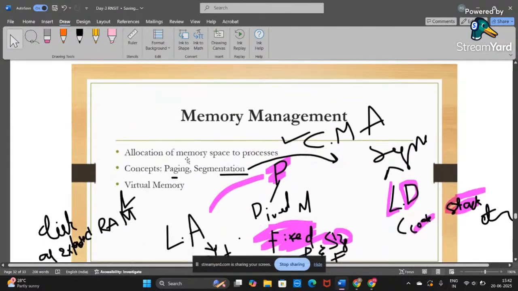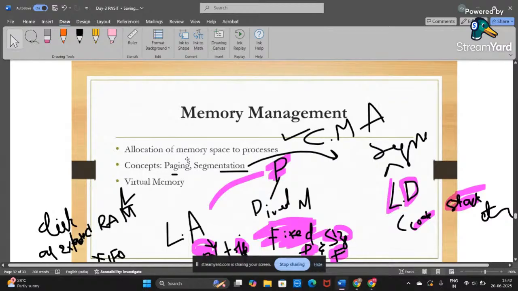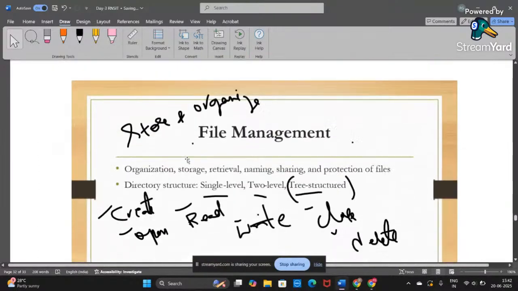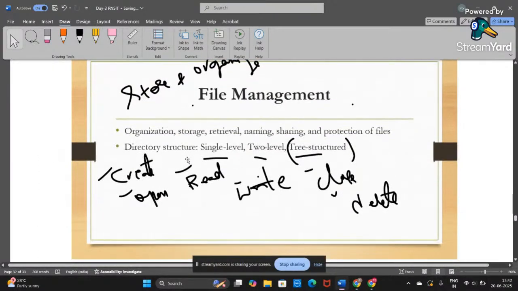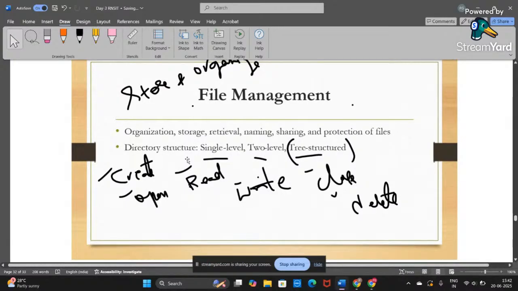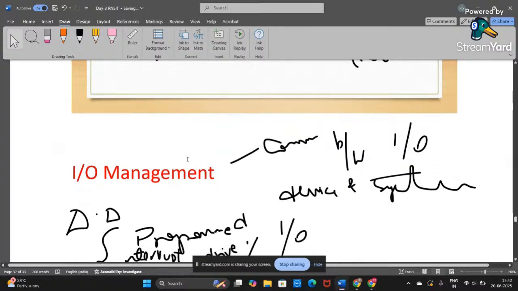We have seen memory management, in that paging and segmentation. File management and IO management.